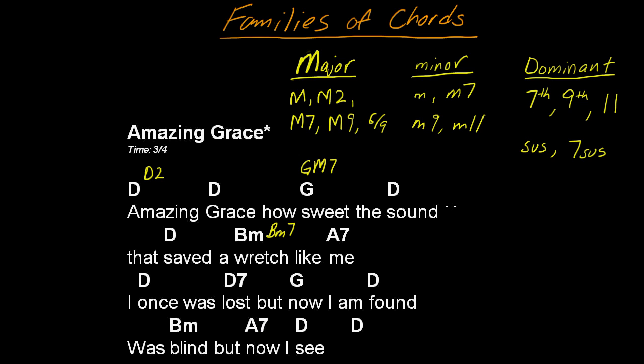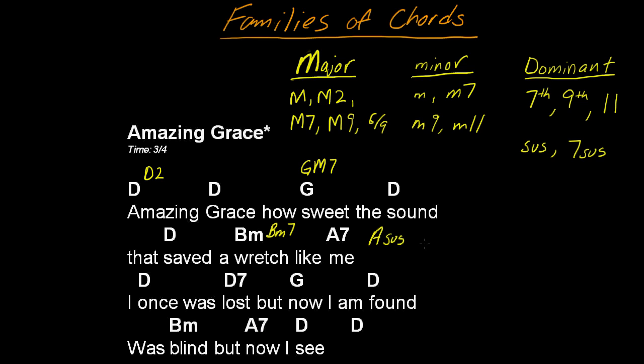Okay, here's another one, A7. This is a dominant type of chord, right? Well, if I play this A7, it's going to sound real traditional, which Amazing Grace is a traditional song. But let's say I want to play it a little more modern. Instead of playing A7, I could play A suspended. And that will already make it sound a little more modern.